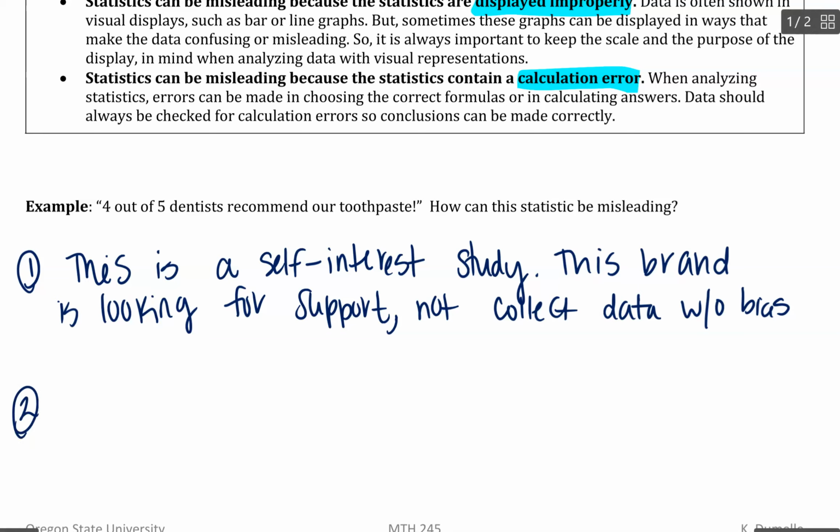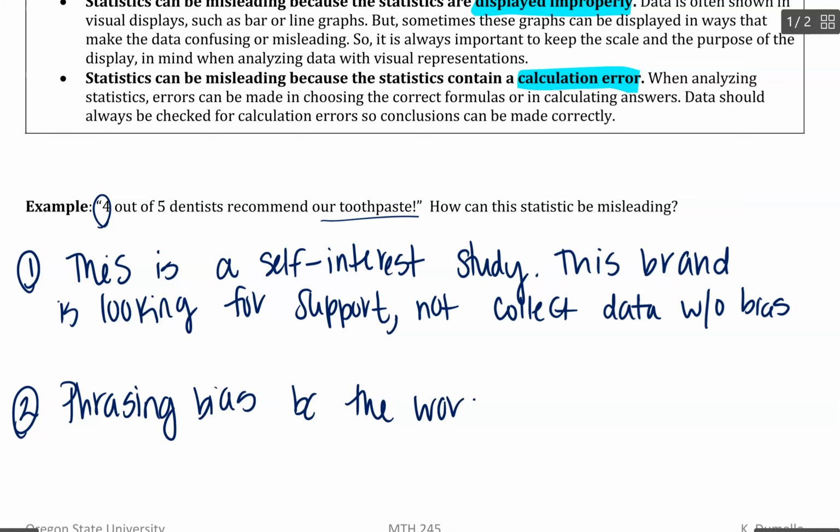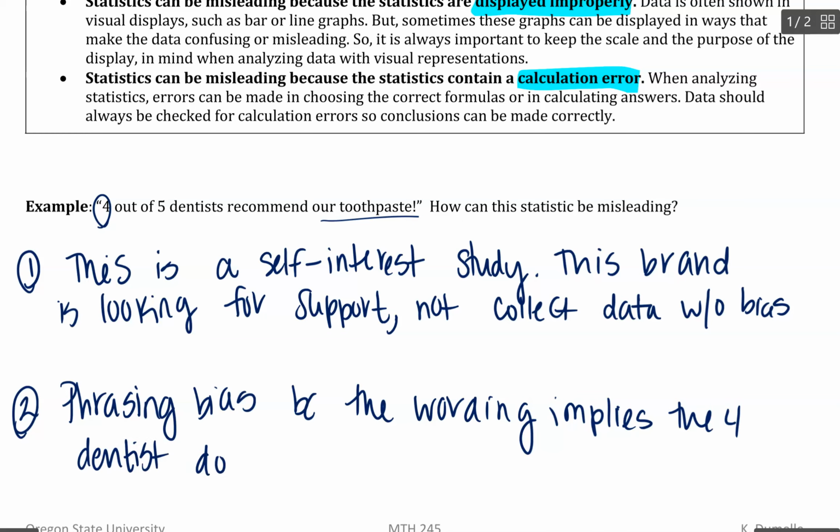Two, I would say there's phrasing bias here. The phrasing bias comes in because the wording implies that the four dentists that recommend our toothpaste do not recommend any other toothpaste brands, and we don't know that that's true.